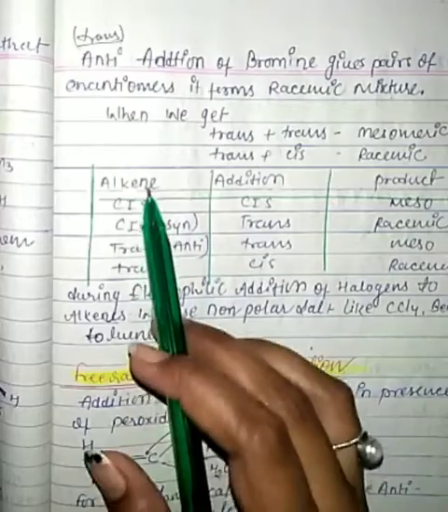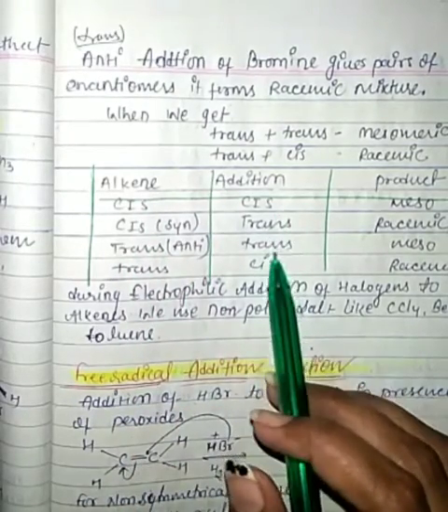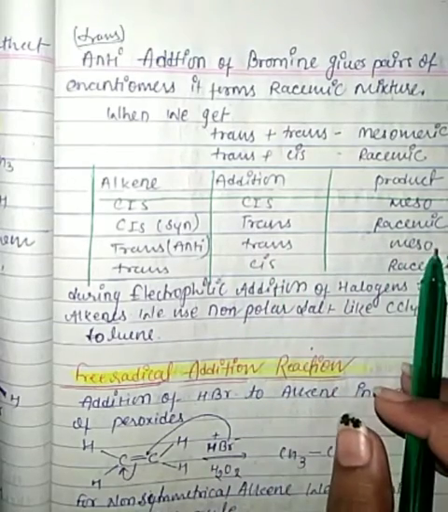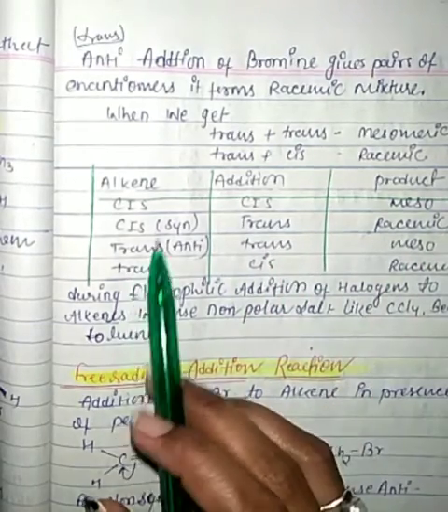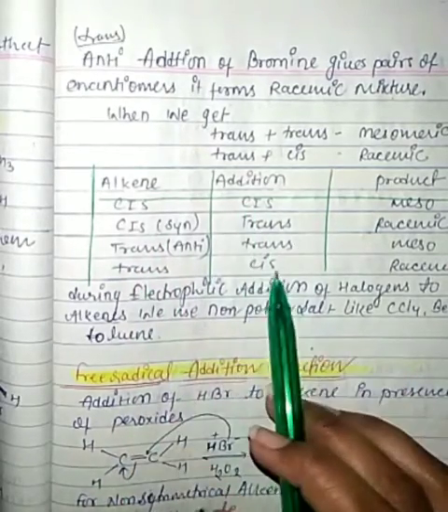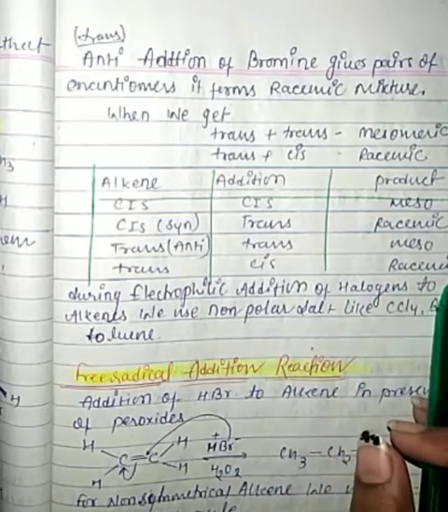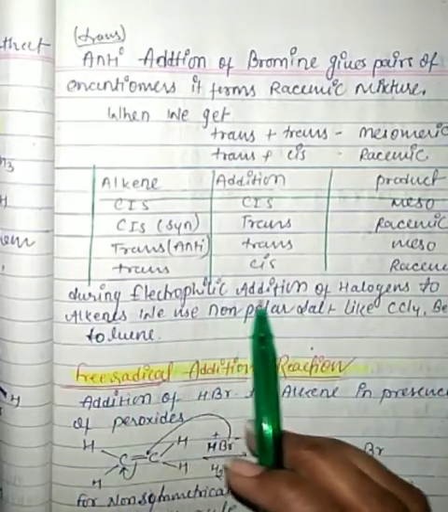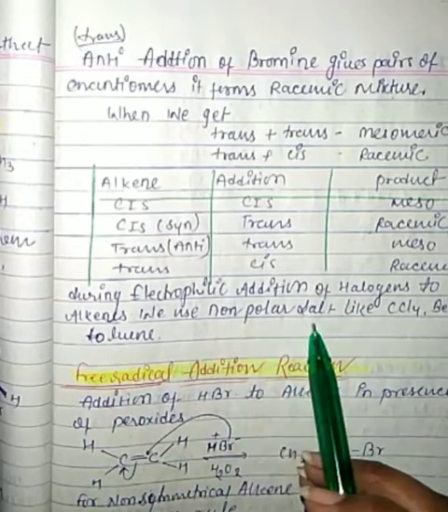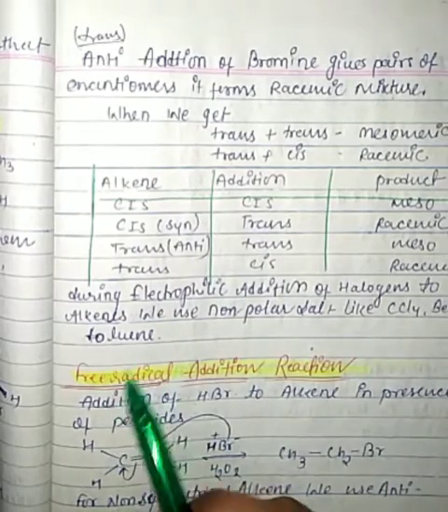When the alkene is trans or anti and the addition reactant is trans, at that time we get a meso mixture. And when the alkene is trans and the addition reactant is cis, at that time we get a racemic mixture. During electrophilic addition of halogens to alkene, we use non-polar solvents like CCl4, benzene or toluene.